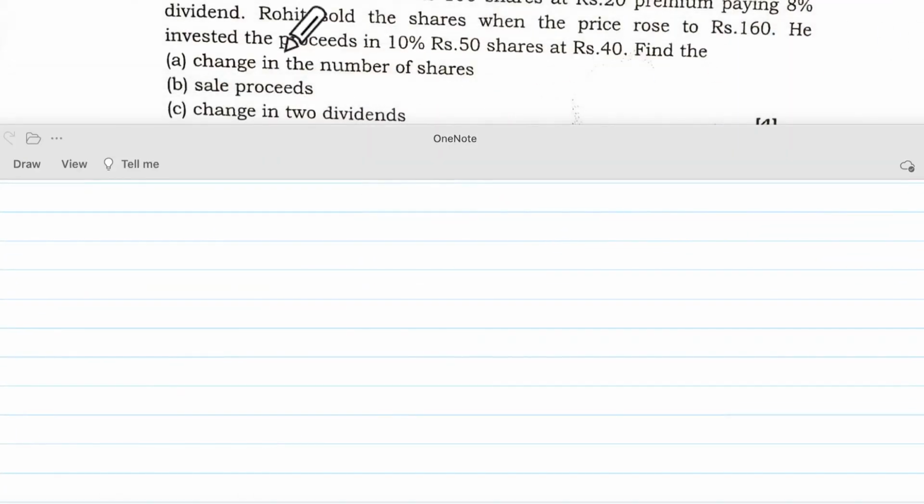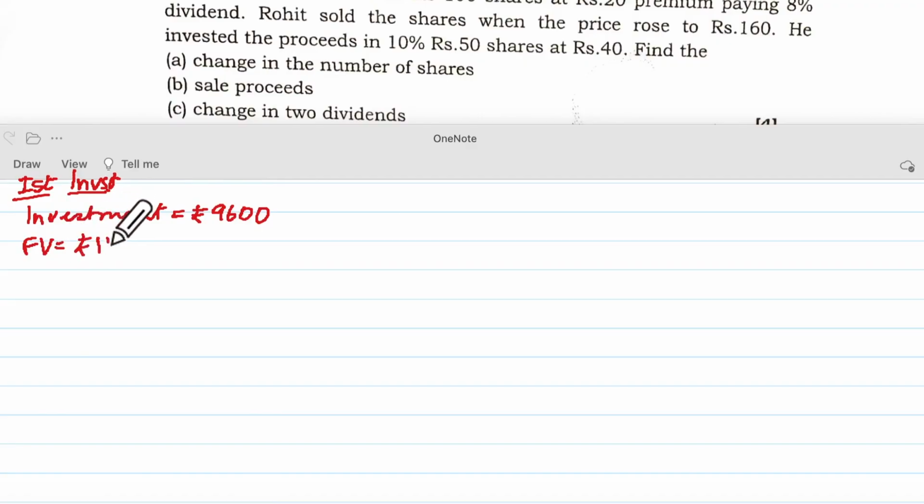So, what is the first investment? Right over there, first investment. So for that, what do you say? Investment, the first company, no? Investment is rupees 9600. Then FV rupees 100 and premium is 20.